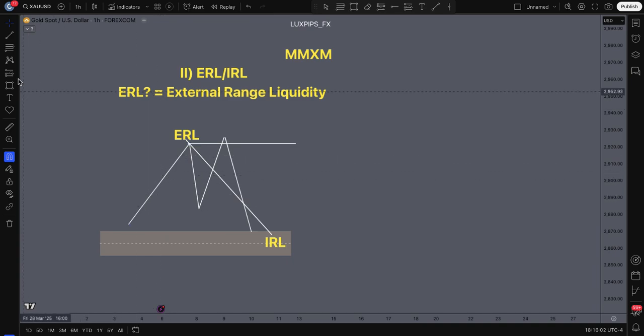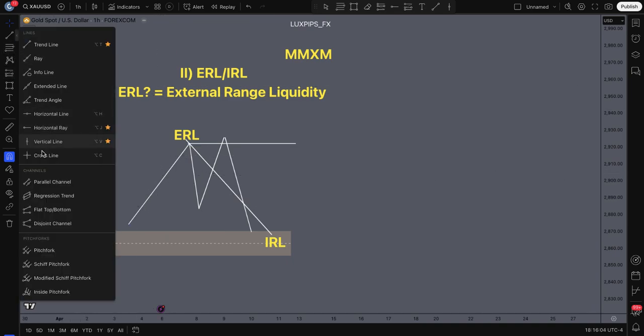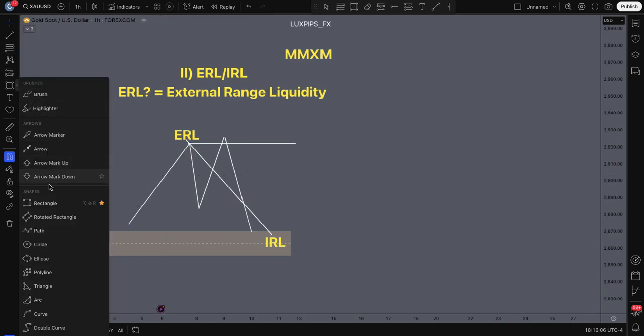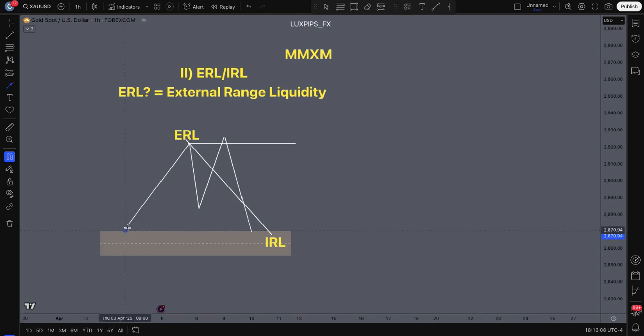And I'm sure you can already see the MMXM pattern in this. Buy side curve, sell side curve.